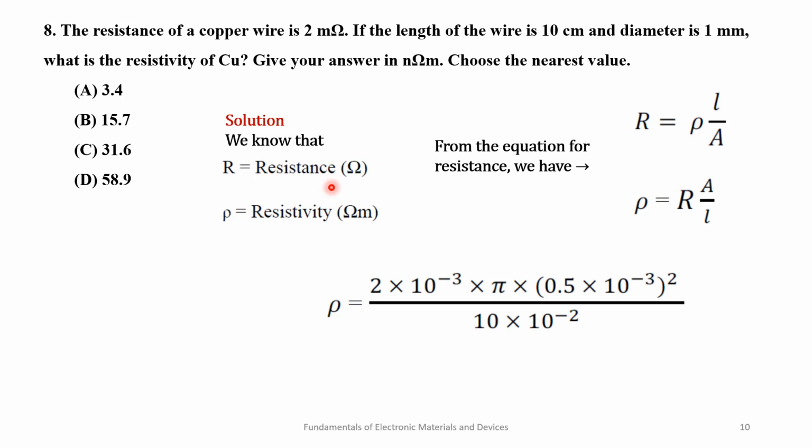Here the diameter is given as 1 mm, so the radius would be 0.5 into 10 to the power minus 3, the whole square, followed by the length of the wire, that is 10 centimeter, 10 to the power minus 2 meter. When you substitute all these, you'll get something like 15.7 into 10 to the power minus 9 ohm meter. And if we convert it to nano ohm meter, then we'll have 15.7. So is this how you got the answer?